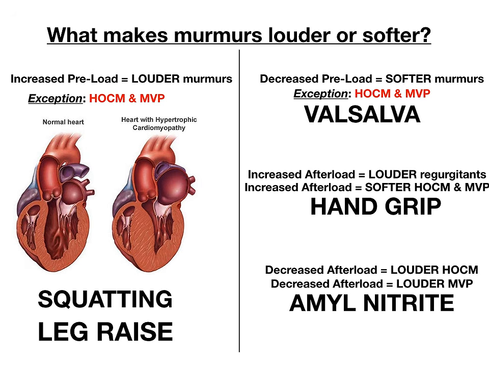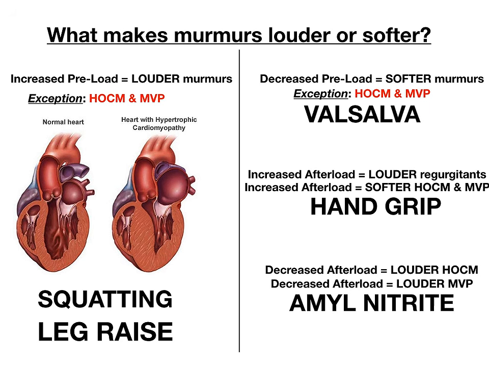But in the case of HOCM and mitral valve prolapse, which is lower yield, but still we include it in this discussion, more blood in the heart actually pushes that septum back into its normal physiologic position. So in HOCM, if you can envision this diagram in your head, the more blood or the more pressure on that septum pushes it back into its normal position and reopens that outflow tract.